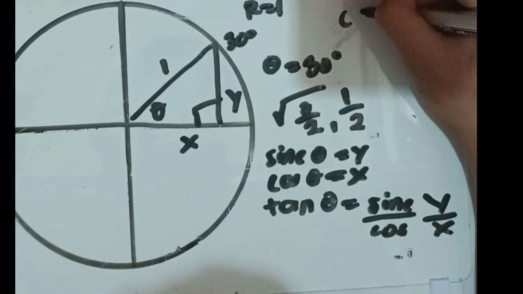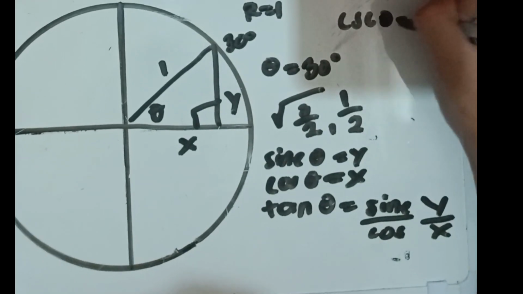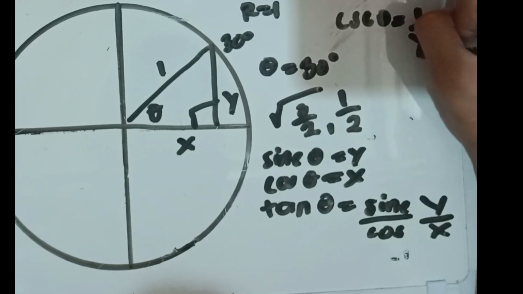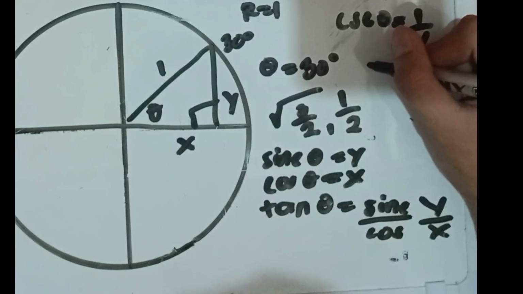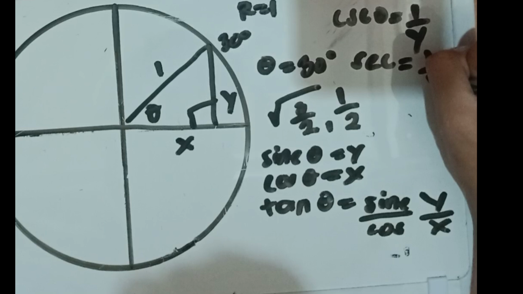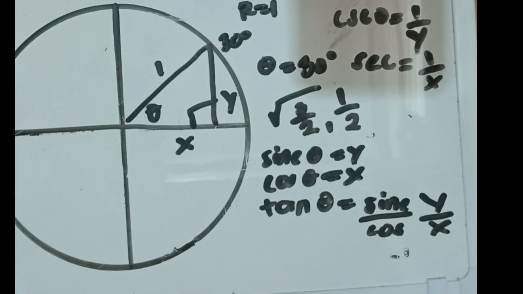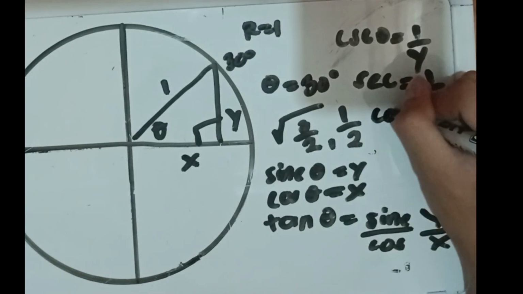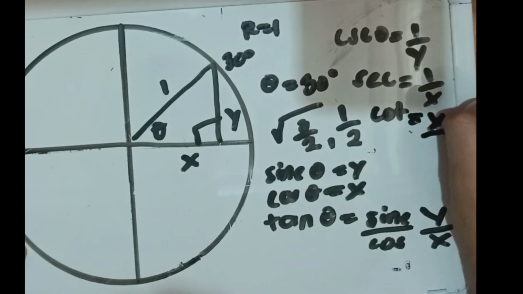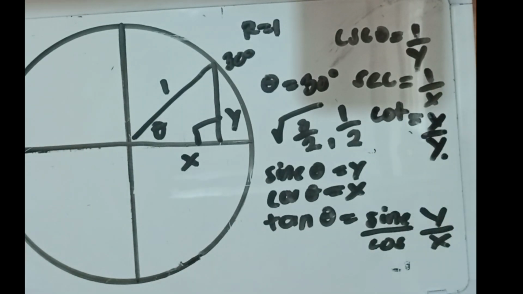Cosecant theta is 1 divided by y. Secant theta is equal to 1 divided by x. Cotangent theta is equal to x divided by y. So those are the 6 trigonometric functions.